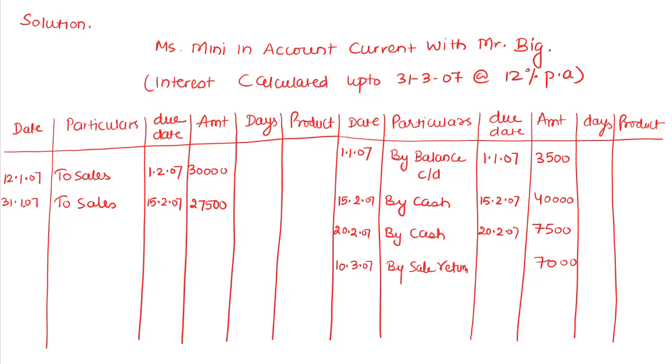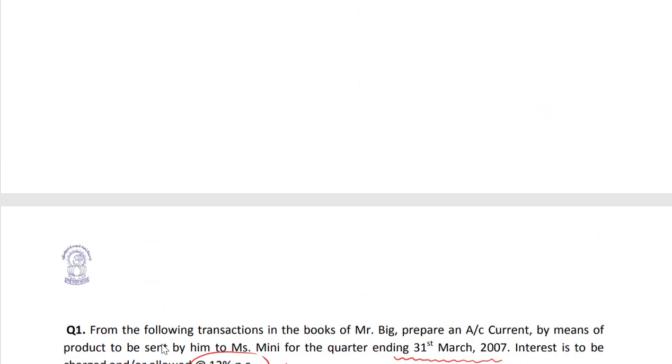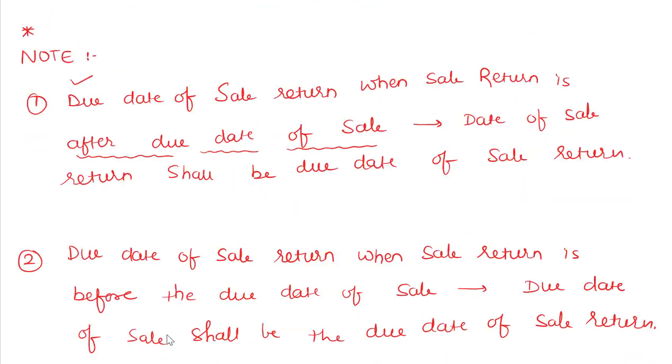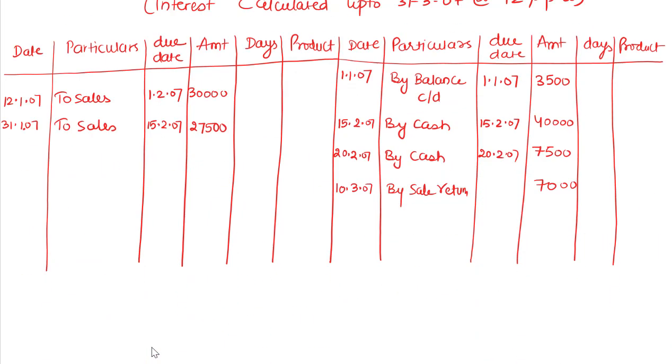In this case, the date of sale return will be the due date. Read from the text. Date of sale return shall be the due date of sale return. So over here, the date of sale return is 10th of March. So we will write 10th of March will be the due date for the sale return.